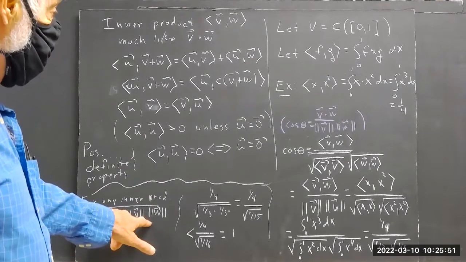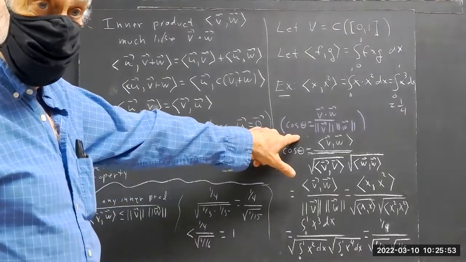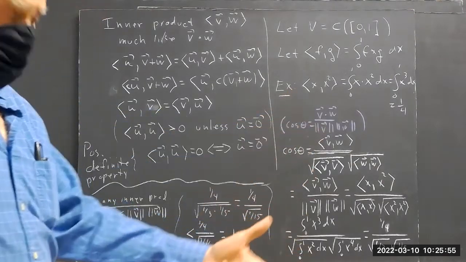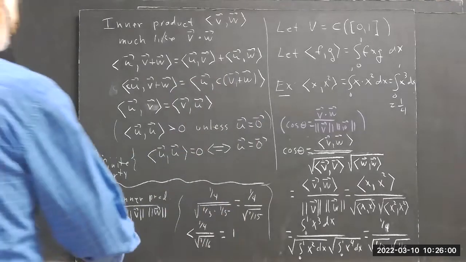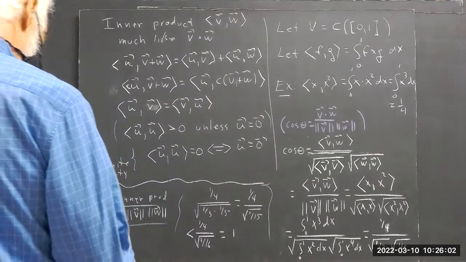This is necessary if we want to make this definition. Now, I'm not going to prove that. I don't think the book proves it, they just state it. Might be something in the problem section.